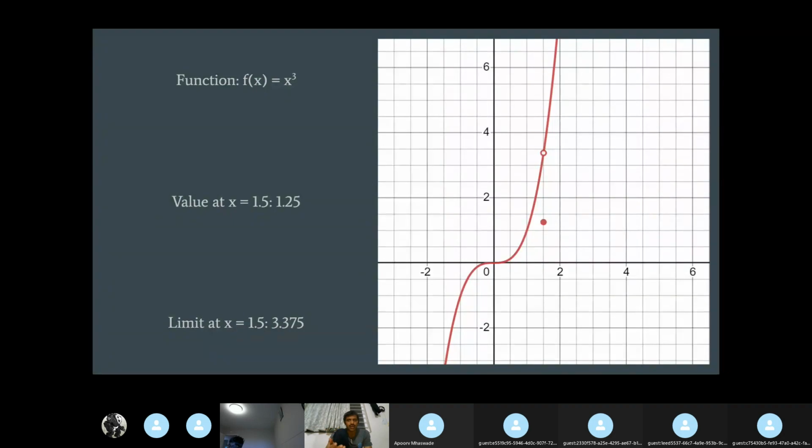So here, you can bend it to your whims. And what Apurva is saying is that f of x is equal to x cubed if x is not equal to 1.5, and it is equal to 1.25 otherwise, which means when x is equal to 1.5.